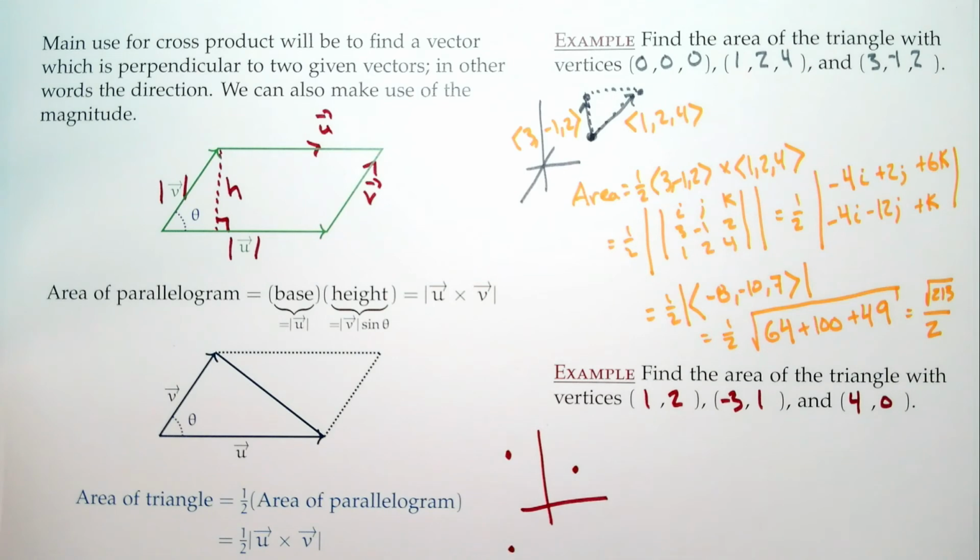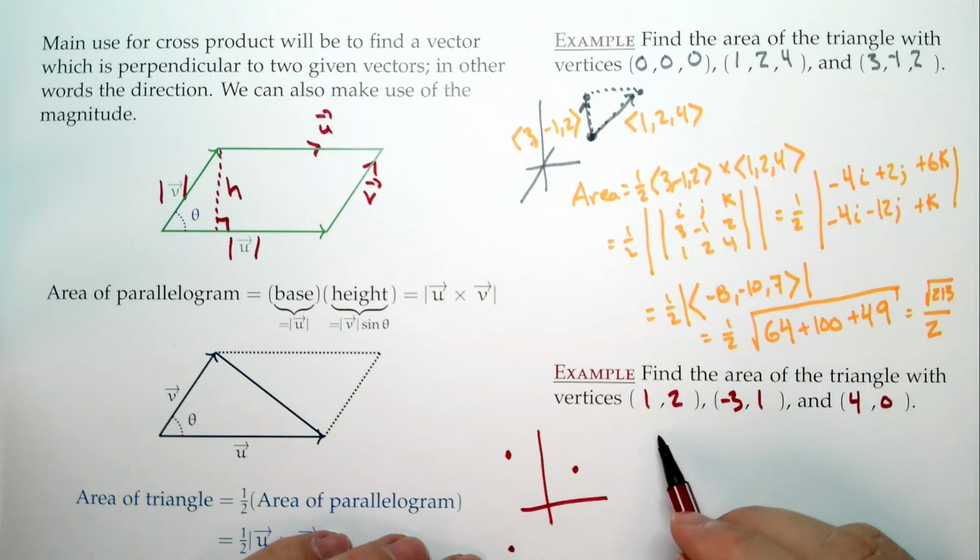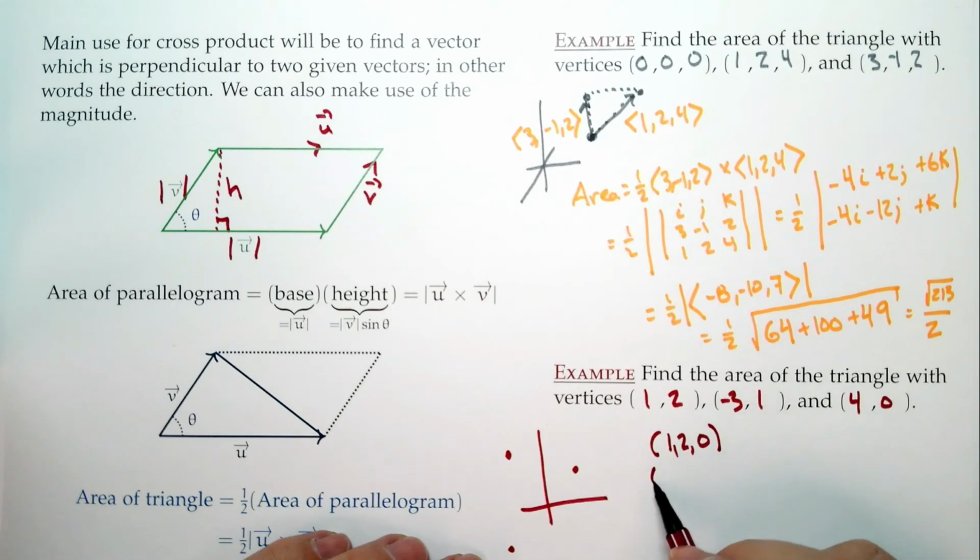Or can I? Well, there's really another way to think about this. Secretly, these aren't 1, 2, negative 3, 1, and 4, 0. Secretly, it's 1, 2, 0, negative 3, 1, 0, and 4, 0, 0.